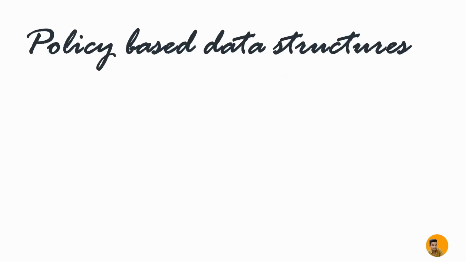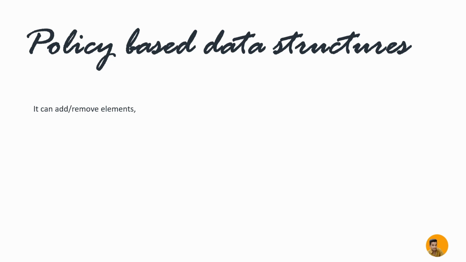So we have this policy based data structure. What is this policy based data structure, and why are we using it? The first key point is that the G++ compiler supports some additional data structures that are not part of the standard C++ libraries, and these are called policy based data structures because you define some policy on these data structures.